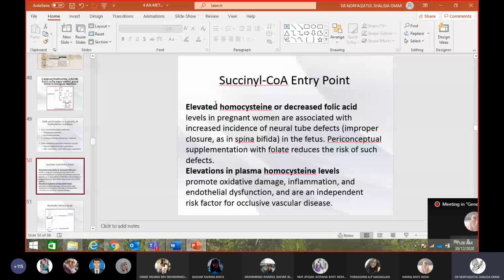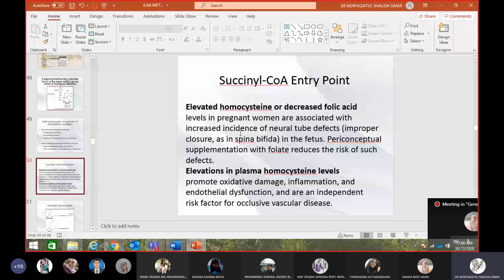Elevated homocysteine or decreased folic acid can cause neural tube defects, which is why for a pregnant lady, we advise them to take folic acid as early as possible to decrease the incidence of neural tube defects. It is an improper closure, as in spina bifida in the fetus, mainly because of the accumulation of homocysteine.